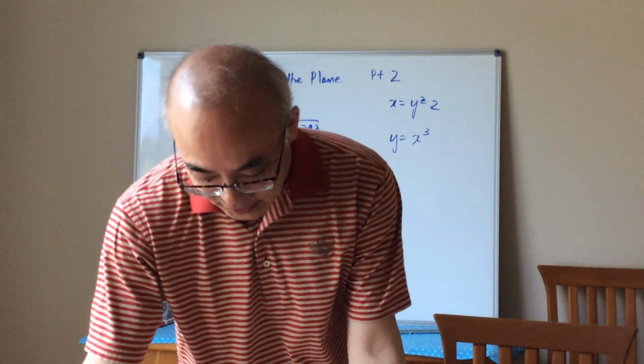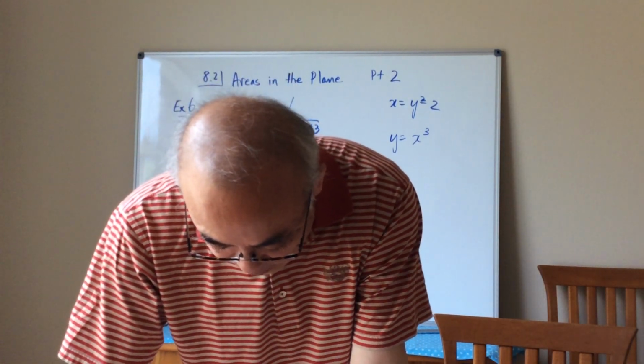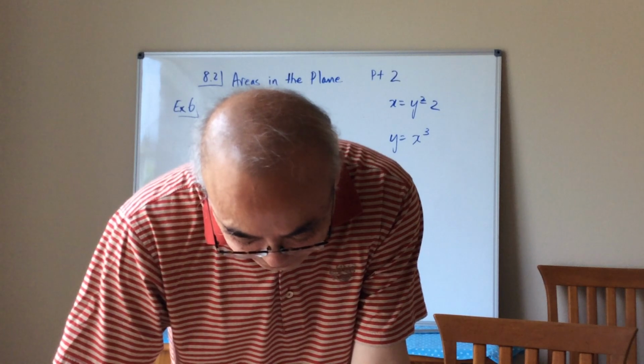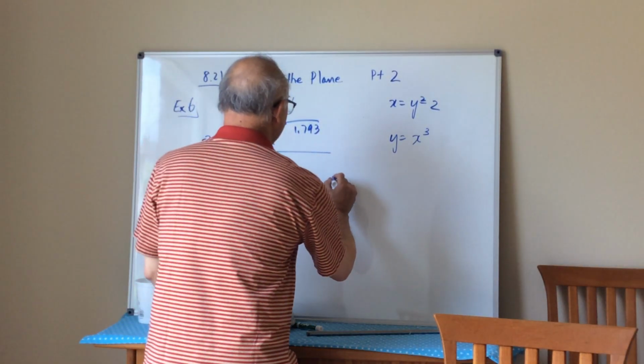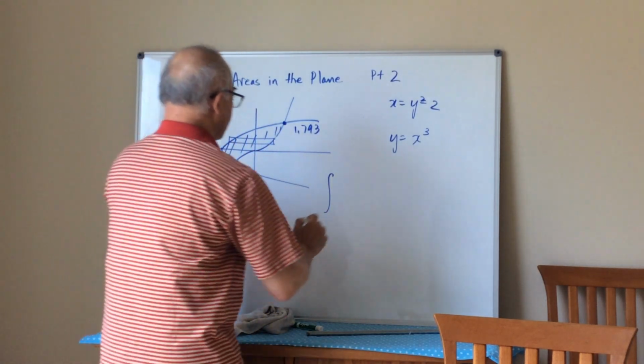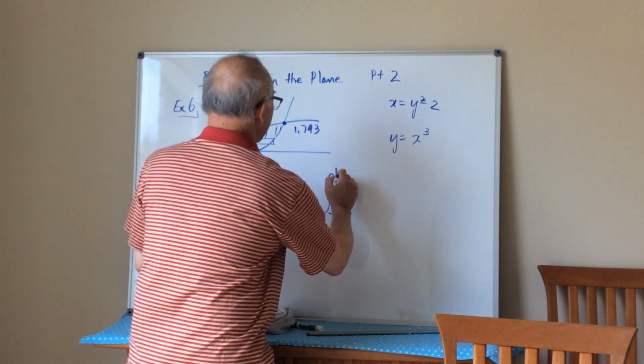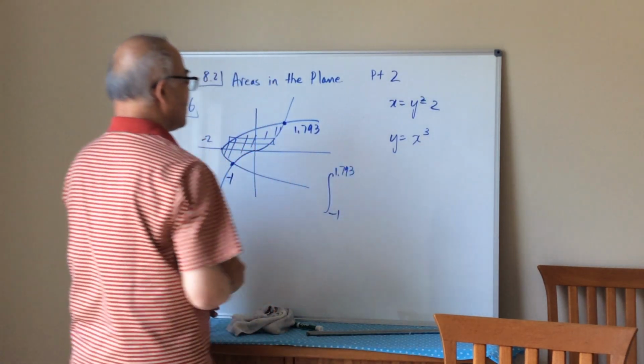And these are the y values, because that's what we're trying to find. So we're going to go from negative 1 to 1.793.